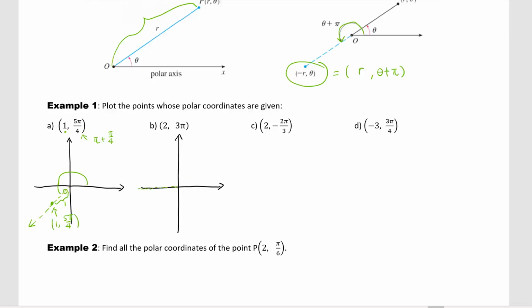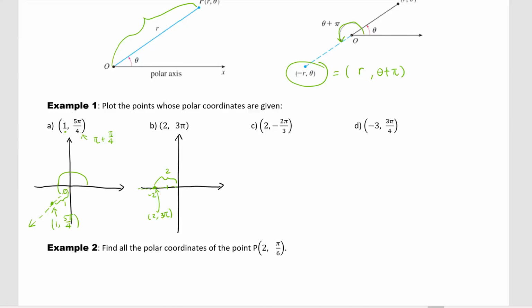Okay, and we go forward 2 units, 1, 2. So this is 2 units, and this point is (-2, 0). So this is the point (2, 3 pi). So far so good, everybody?